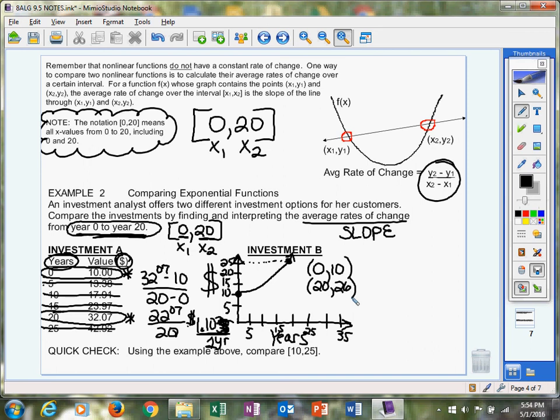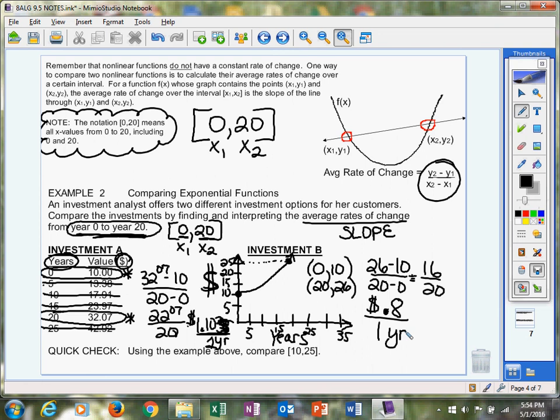It's close enough. So we're going to do change in y over the change in x. So that's 16 over 20, which is the decimal 0.8. Now, if we look at it, it's going to be change in y, dollars, over change in x, years, dollars per year. So what this means is this investment only gets 80 cents each year of an increase.